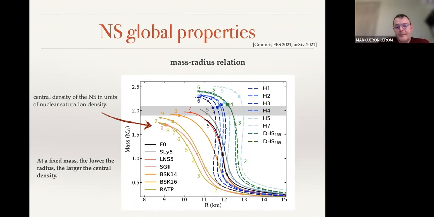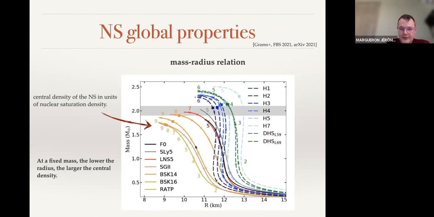But the 3 models which are very soft and do not pass this limit are also the models for which the symmetry energy bends down. So they are RATP, BSK 16, and SG2.